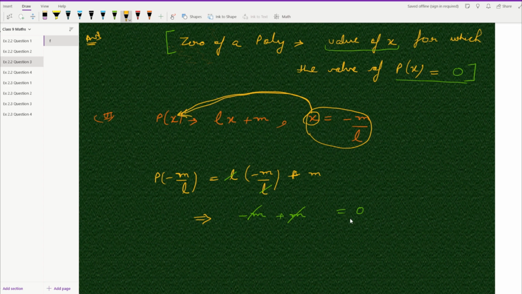Its value has become 0. Therefore x equal to minus m upon l is a zero of the polynomial p(x) equal to l x plus m.